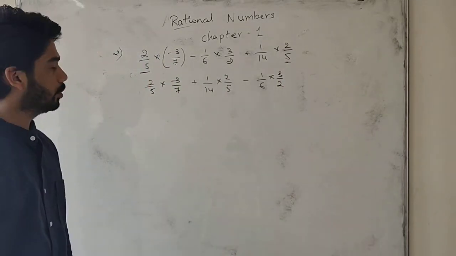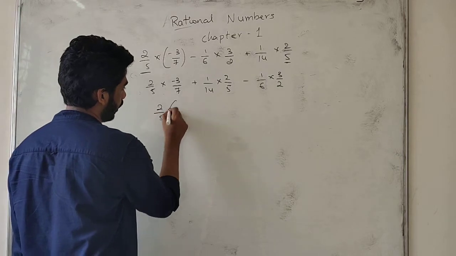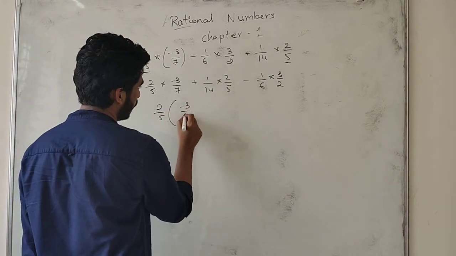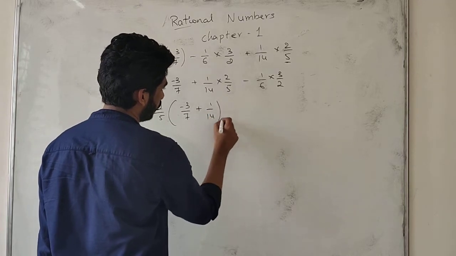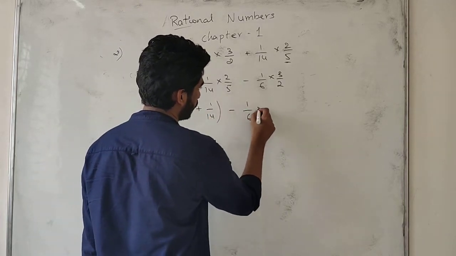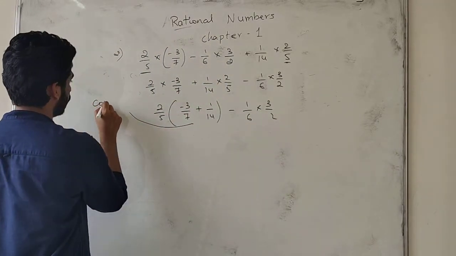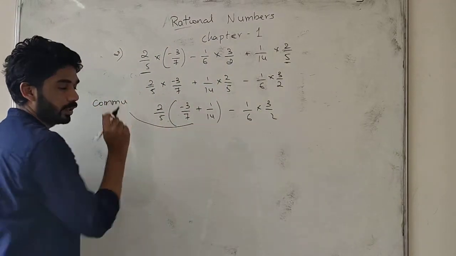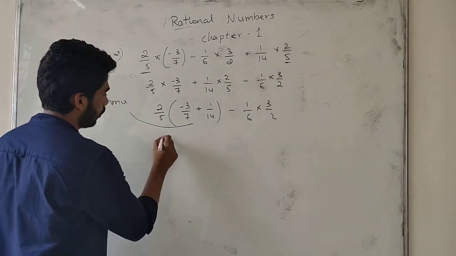Now by using the distributive property, take 2 by 5 as common. So we'll get minus 3 by 7 plus 1 by 14, minus 1 by 6 into 3 by 2. So this property is the distributive property. If we further solve this, what will we get?